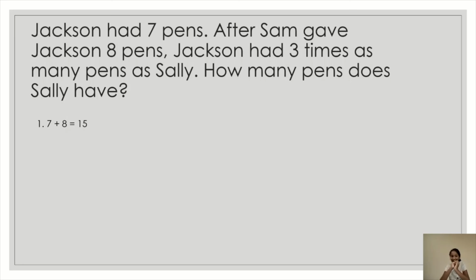Did you figure it out? That's right. 3 times 5 equals 15. In other words, 15 divided by 3 equals 5. That's something in common in this problem and the previous one. The second step is using division. So 15 divided by 3 equals 5.